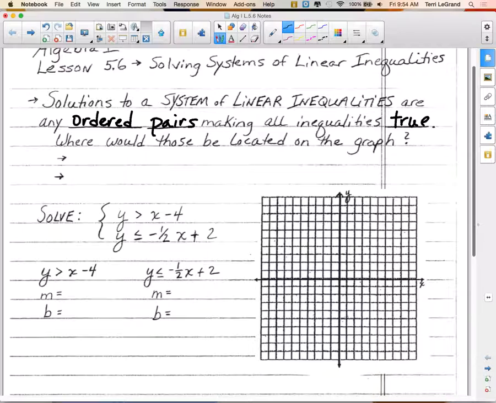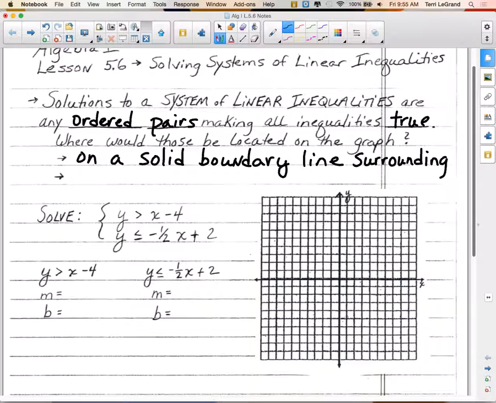Well, we would find them on a solid boundary line, just like when there's only one, any point on a solid boundary line surrounding, and this is important, we have to finish it with this, on a solid boundary line surrounding the shaded overlap.